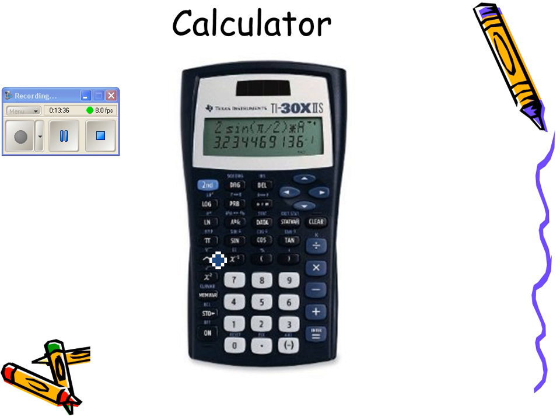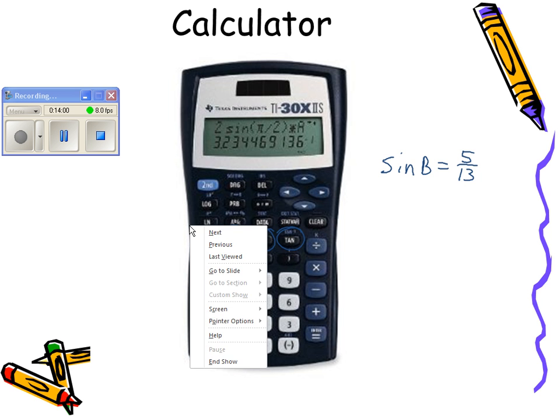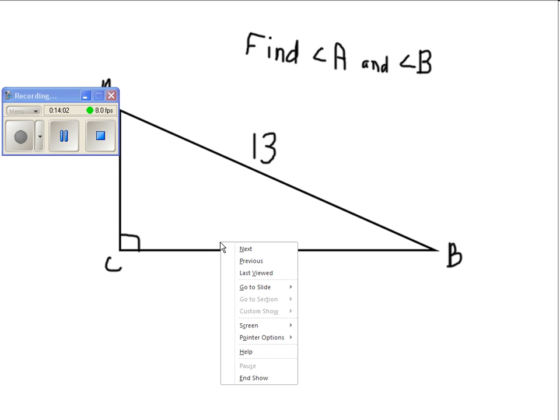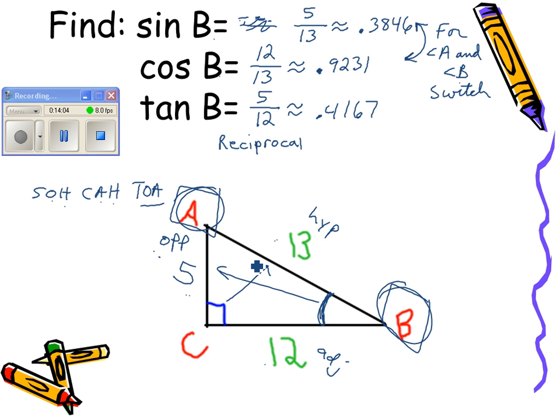if you take your calculator, notice on your calculator it's got the sine, cosine, and tangent buttons. And what you're going to do on your calculator is, sine of angle B was 5 over 13. I believe that's what it was. Yeah, 5 over 13.